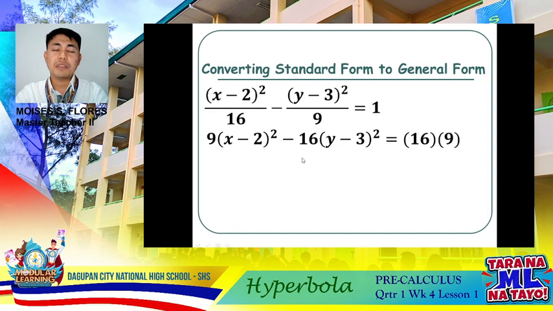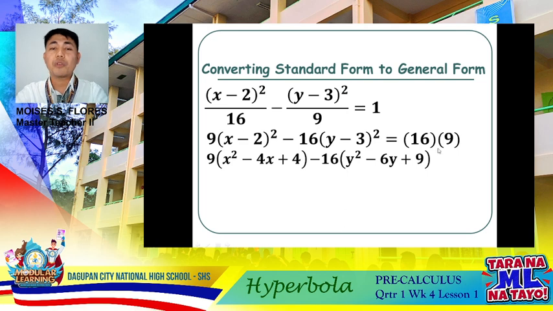The next step is we are going to expand the binomials. Your quantity x minus 2 squared, when we expand that one, there you have it. Then expand the second binomial, quantity y minus 3 squared, there you have it also. And simplify your constant on the other side, which is 16 times 9, we have here 144.